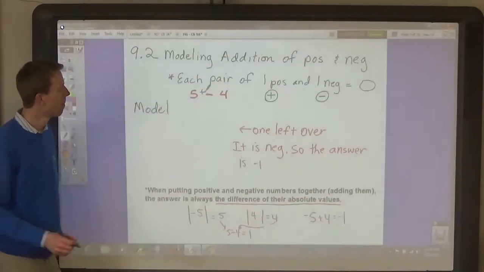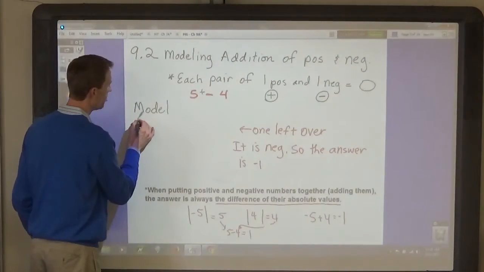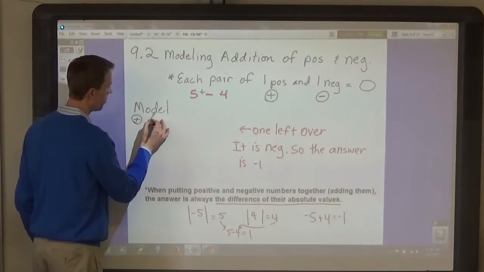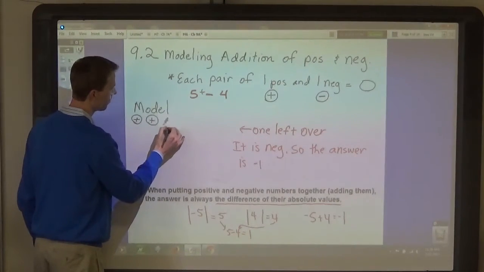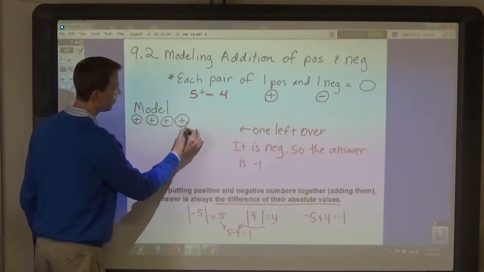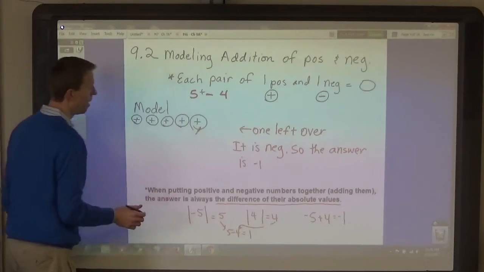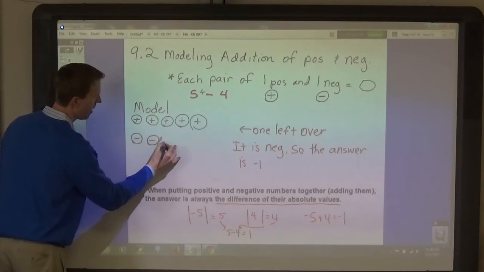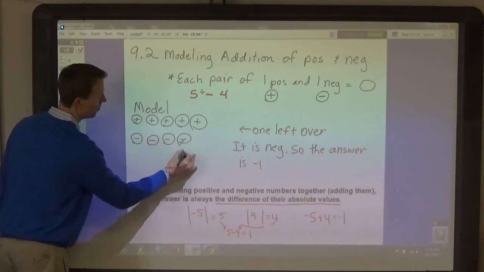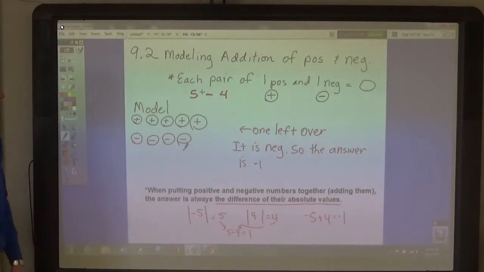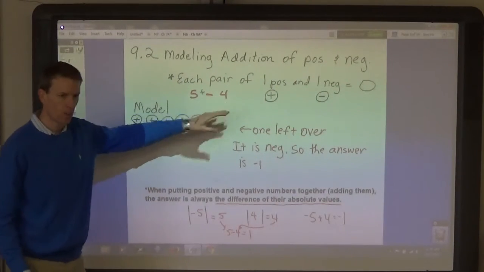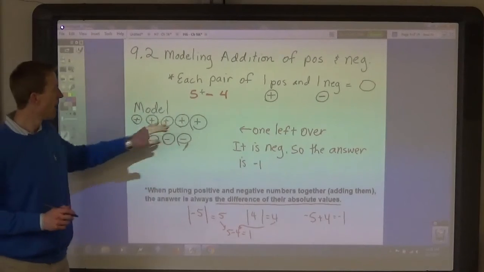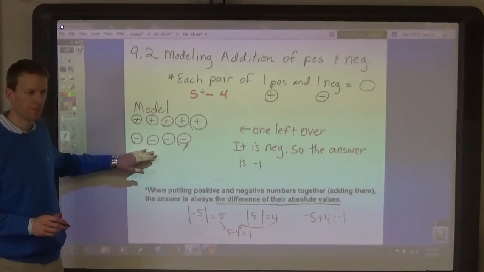So what we'll do is we'll draw 5 positive circles, draw 4 that have minuses in them. So we're adding these two numbers together. We're combining these two numbers, positive 5 and negative 4.